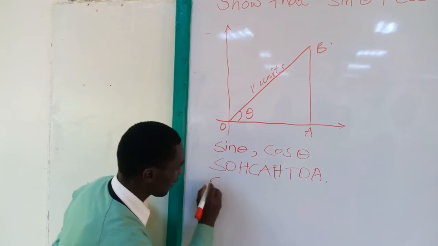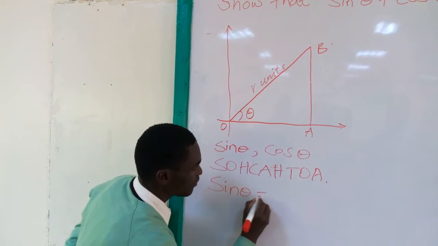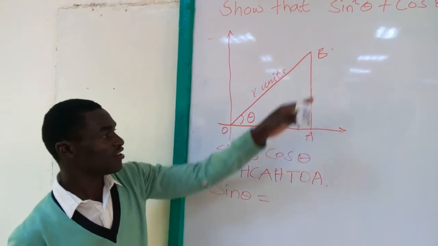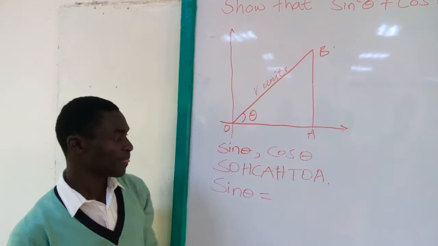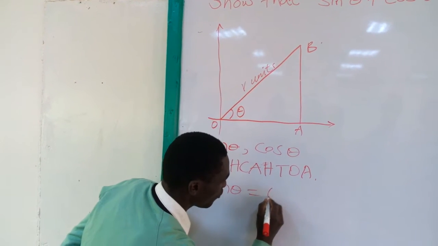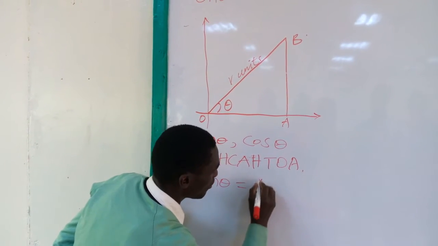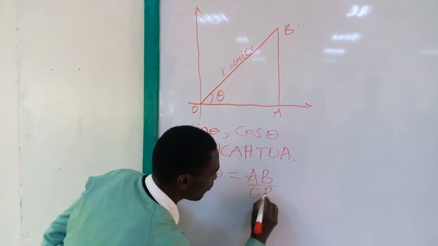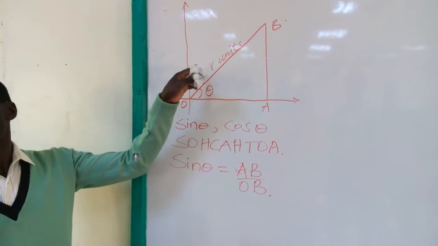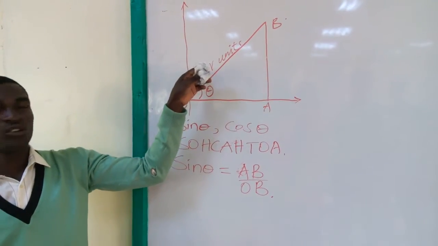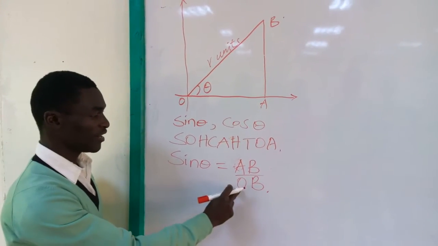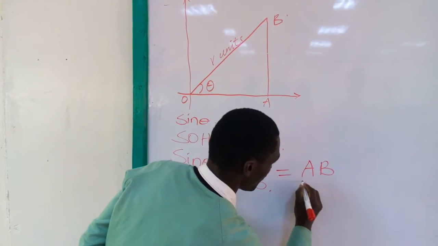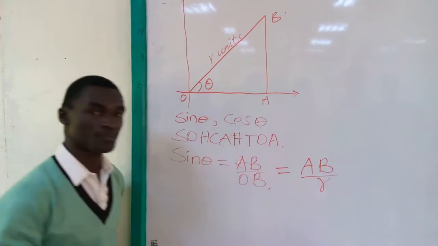So, sine of theta equals the opposite, which is AB, all over the hypotenuse OB, such that we can write AB all over OB. Remember, OB is equal to R units. Therefore, we replace OB with R. We will have AB over R.